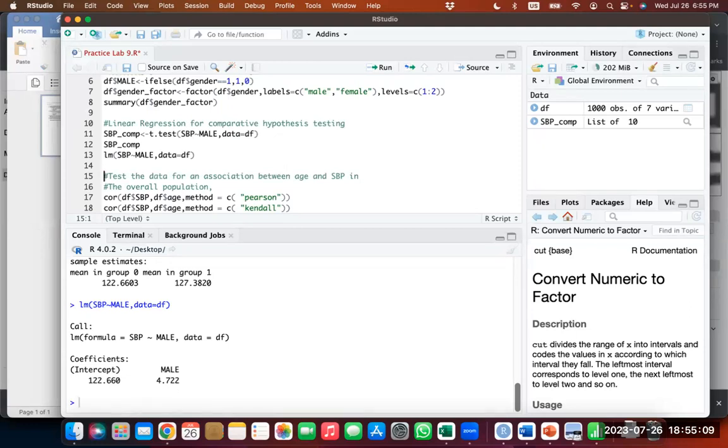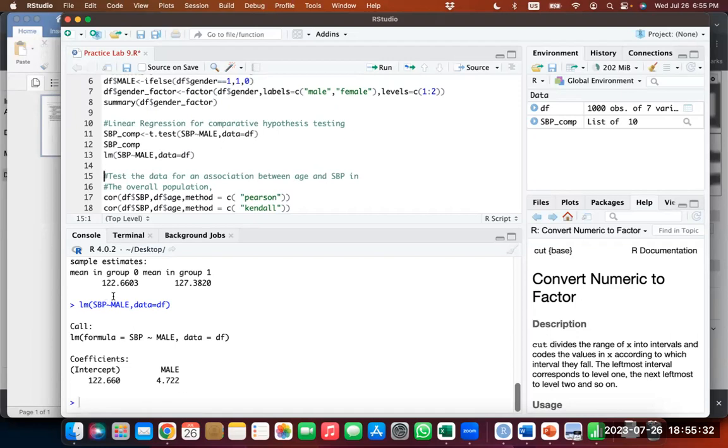And your intercept in that case is the mean of those where male equals 0. And that's women, and that's 122.